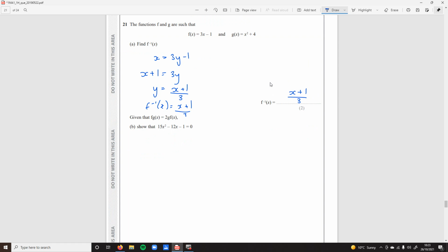Given that f of g of x equals 2 g of f of x. So f of g of x equals 2 lots of g of f of x.